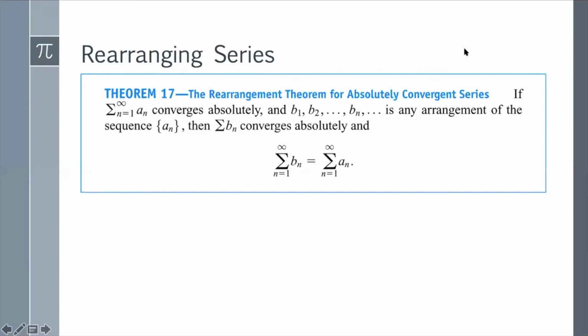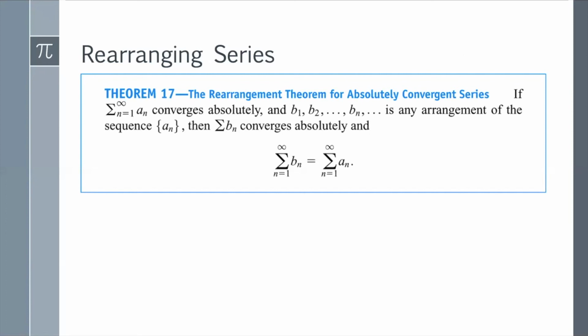All right, so now we'll just wrap this up with a couple of interesting facts about conditionally convergent series. First, we have the rearrangement theorem for absolutely convergent series.